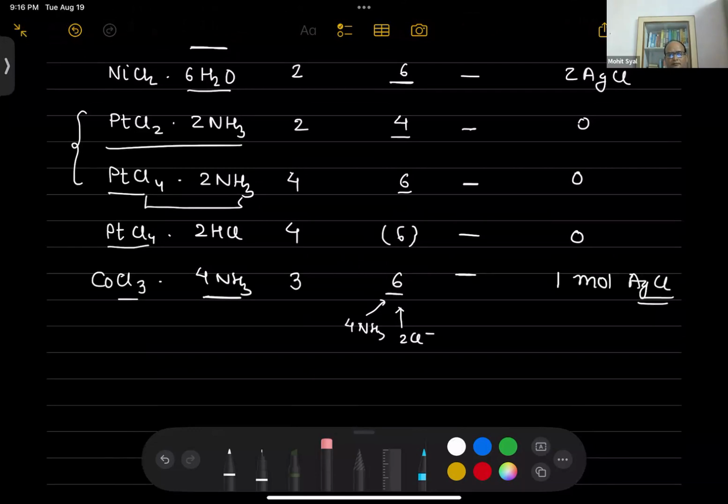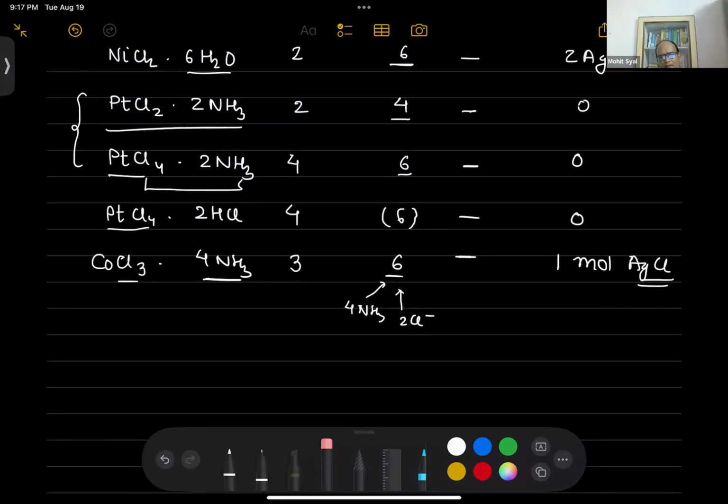So you should use these terms. These are very common questions. They ask you to compare the moles of precipitate formed. So if the secondary valency is 6, either you should have 6 neutral molecules which you place inside, or you can have 4 neutral molecules and 2 ions, and those 2 ions will not be ionized now because they are satisfying the secondary valency.